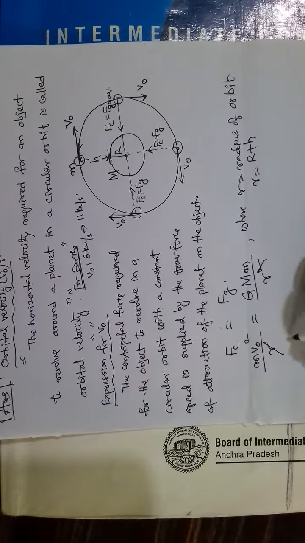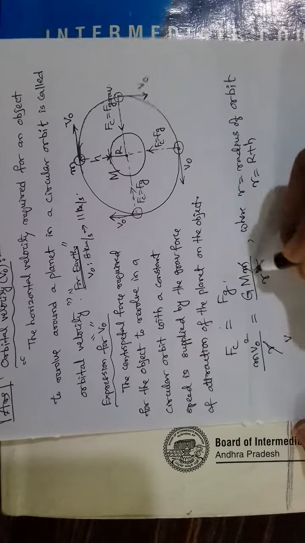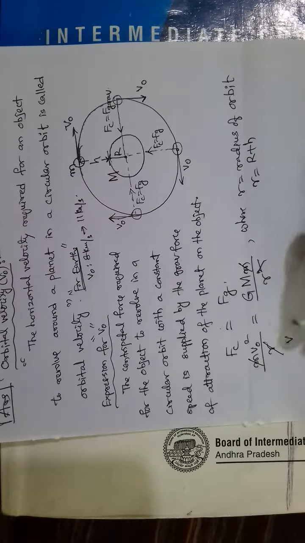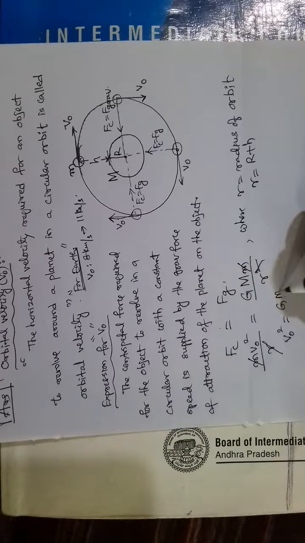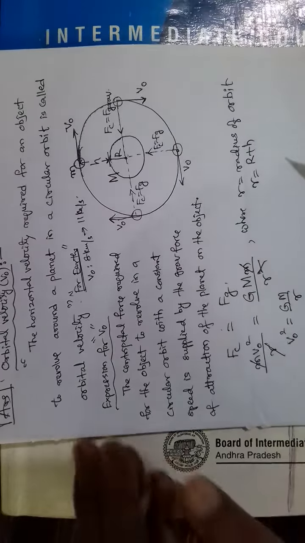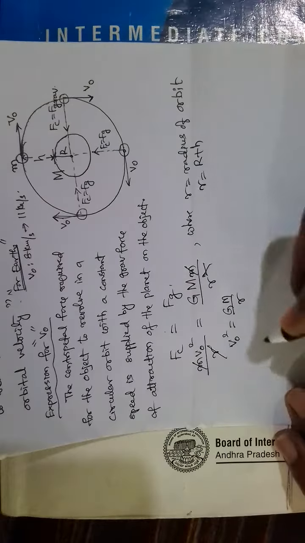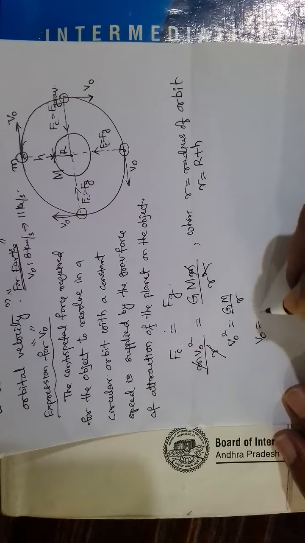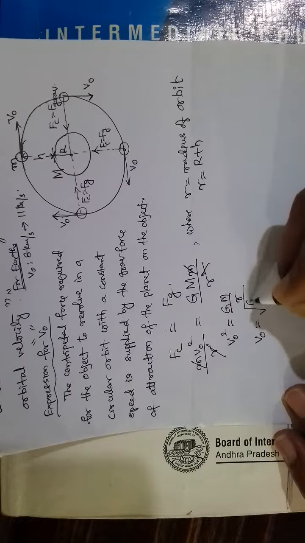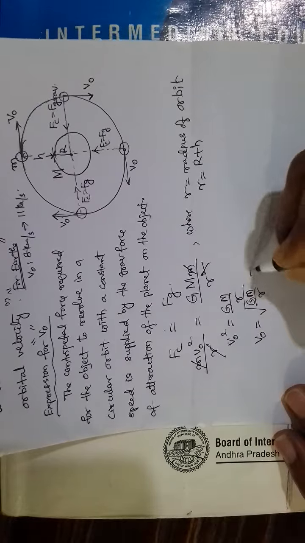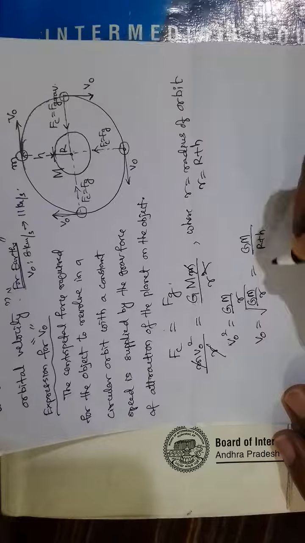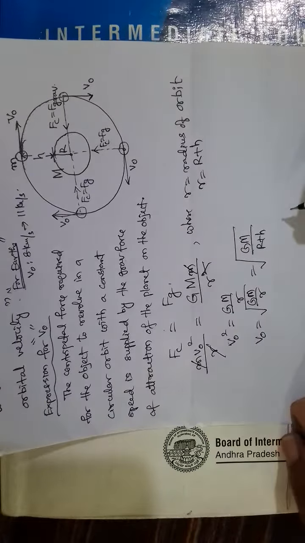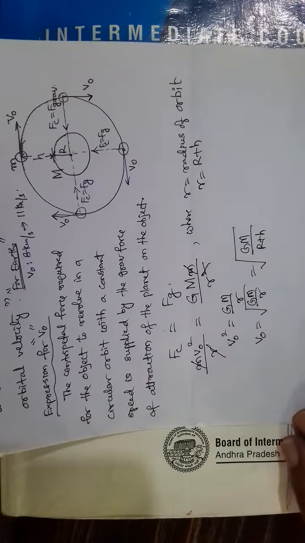Now here m and m get cancelled, and v0 square is equal to GM by r, and v0 is equal to under root GM by r, or under root G capital M by R plus h. So this is the expression for orbital velocity.